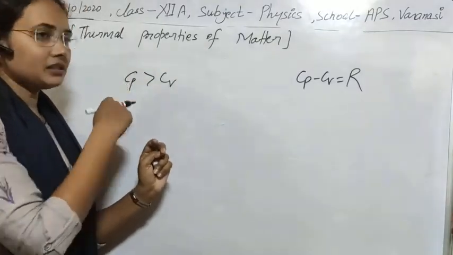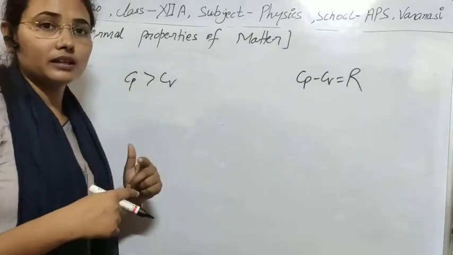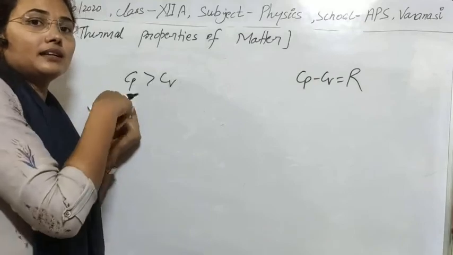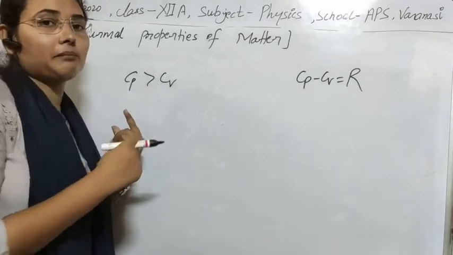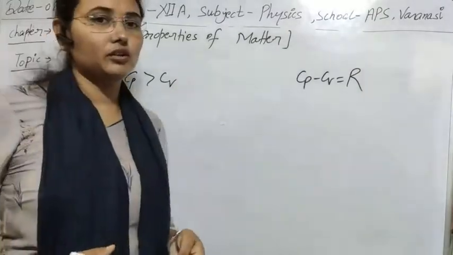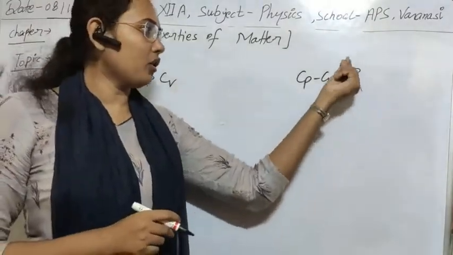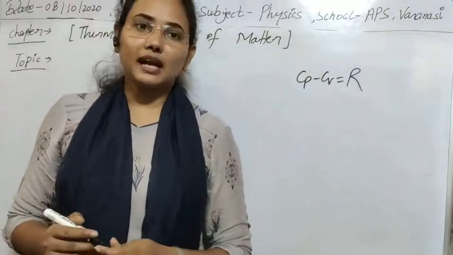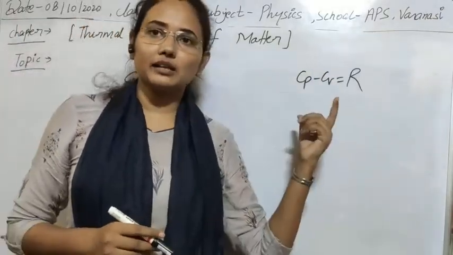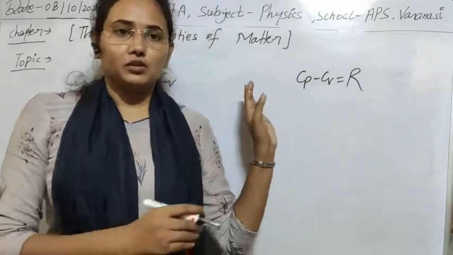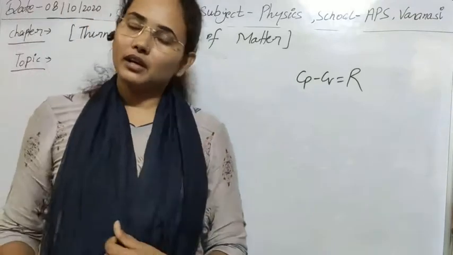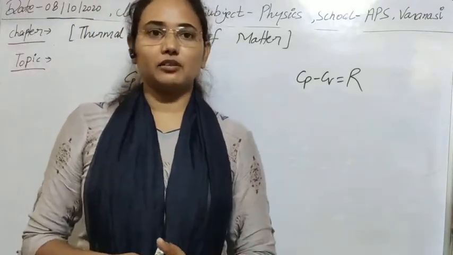First, to raise the temperature, and second, to do some work in the expansion of the gas. So definitely we will need larger energy to change its temperature by 1 degree Celsius, and this will be greater than the other value, greater by an amount R, which is known as the gas constant, and this formula is known as Mayer formula. In the next unit I will tell you its proof. So I think it is clear to you why Cp is always greater than Cv.